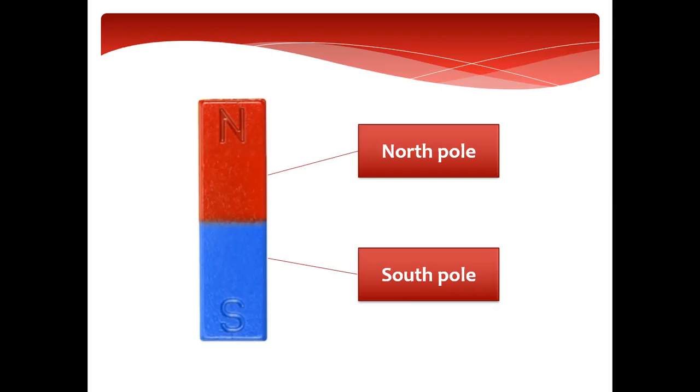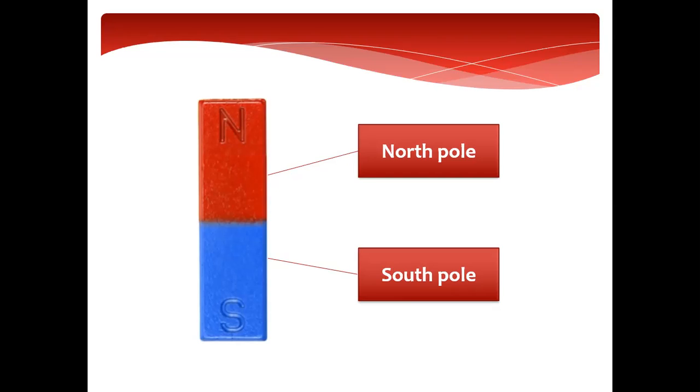This magnet attracts things to it by a force called magnetism. So again, what do we mean by magnetism? Magnetism is a force. It's the power by which the magnet attracts things to it.